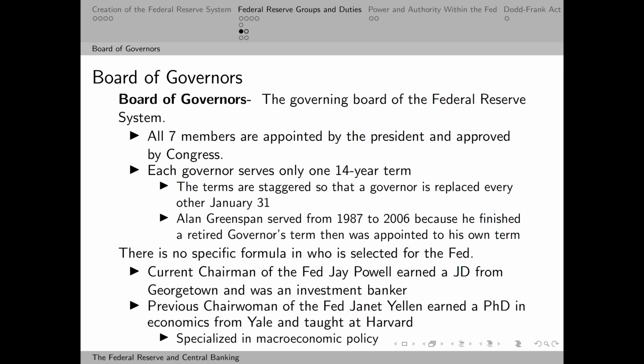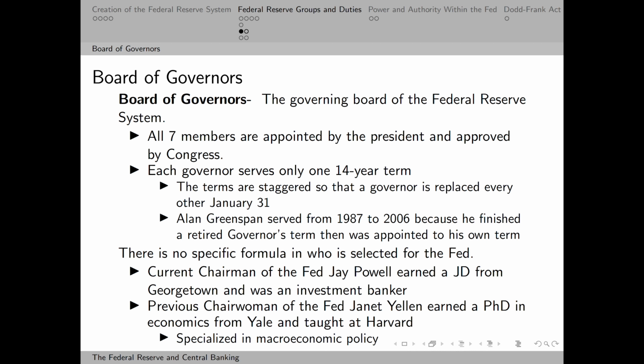Now, an interesting fact is that there is actually no specific formula or resume requirements for a person to be selected for the Board of Governors. So, for example, the current chairman, Jay Powell, has a law degree from Georgetown and was an investment banker. So he doesn't come from a super technical economic background.